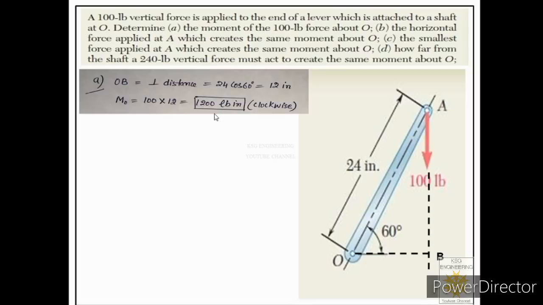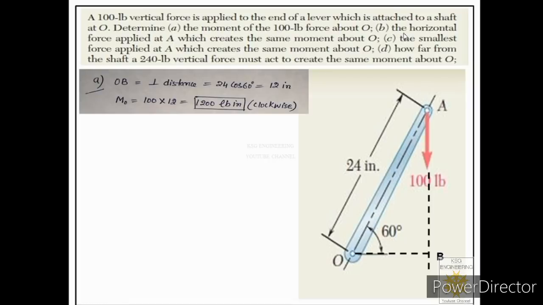So now we have two options. Either you can put a negative sign in front of it or you can write that it is a clockwise movement. You have both the choices. I hope the first part is clear to you. Now let us discuss the second part.